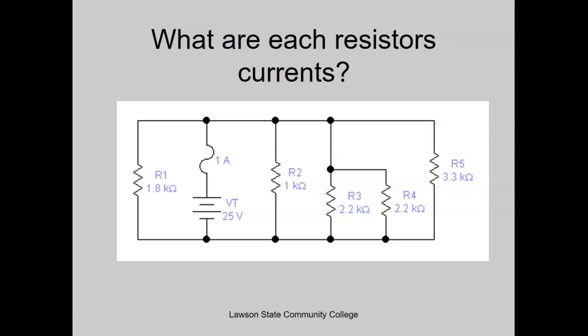What about at 2.2 kiloohms? Yes. And this is how we get the parallel, right? All right. So what about 25 at 1K? Should be. And at 1.8.